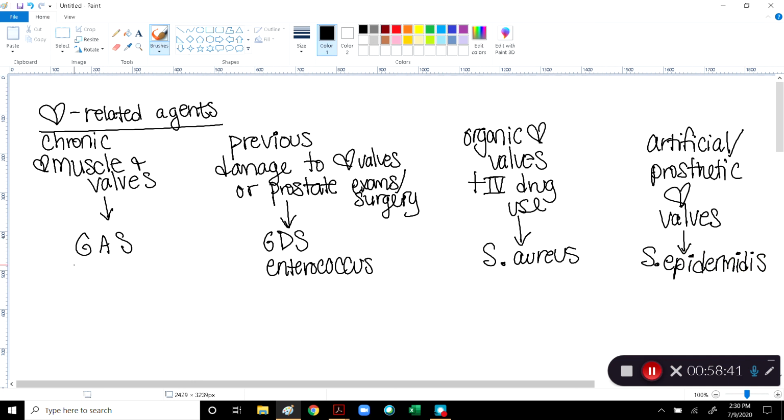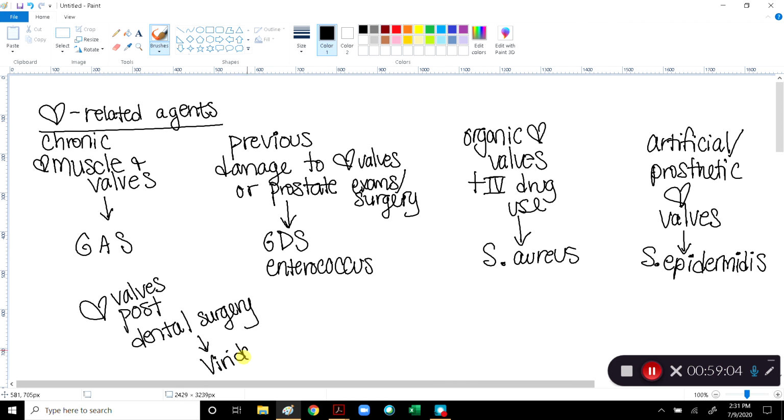And then with heart valves post dental surgery or some sort of oral related surgery or surgical procedure or something like that, or oral exam, that's most likely going to be your viridans group, okay?